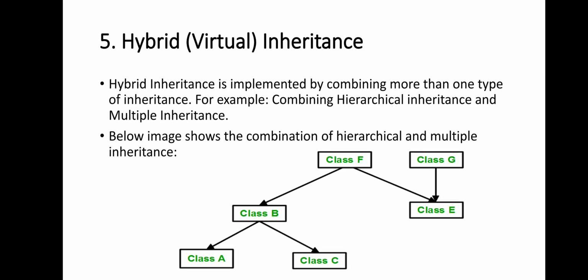Hierarchical inheritance is shown by class F that has produced two classes, that is class B and class E. Now class B produces two classes, that is class A and class C. On the other hand, multiple inheritance is shown by class G that has produced class E. So there is the combination of hierarchical and multiple inheritance, and there is a derived class, that is class E, which has two parent classes, that is class F and class G.